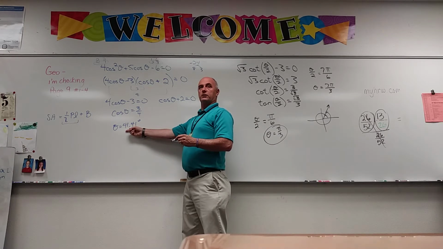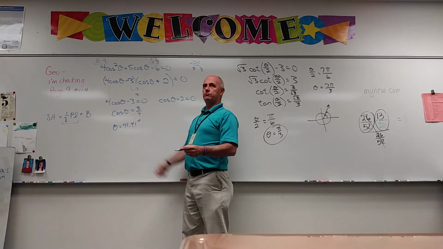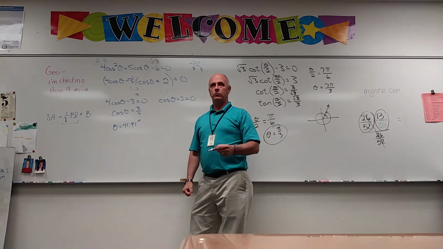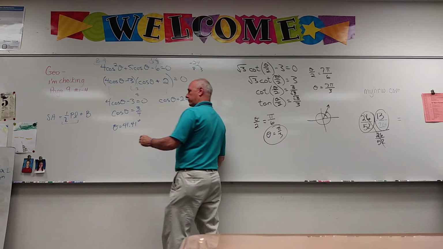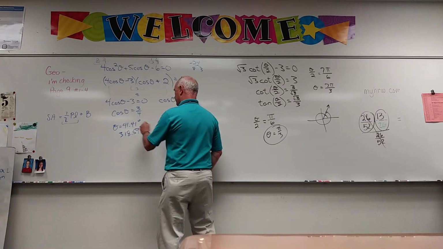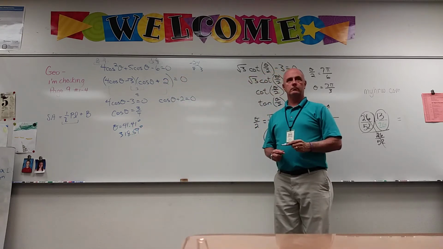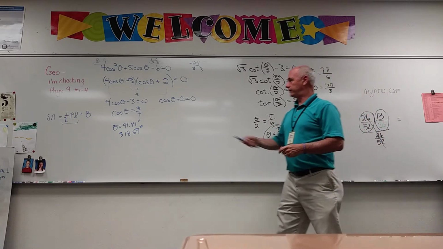Yes. Because that's our first quadrant angle. The reference angle is our first quadrant angle. And then we also need to put it in quadrant 4. So to put it in quadrant 4, we would do 360 minus, which gives us 318.59 degrees. They say between 0 and 360, so that's all for that one.